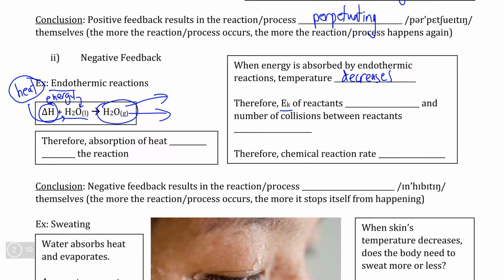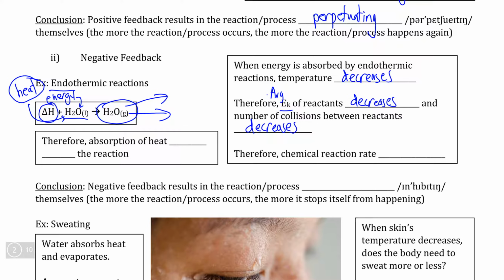Now, as we know, temperature is simply a measurement of the average kinetic energy of the reaction system, and if we have less kinetic energy, that means that our reactants are moving slower as a consequence of this, meaning that there are going to be fewer collisions between reactant particles within the chemical reaction, therefore making it less likely that water would be able to absorb heat.